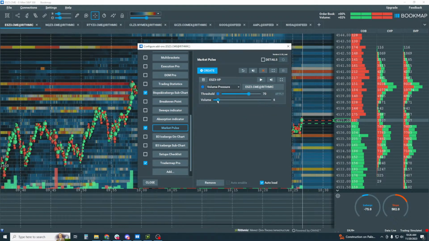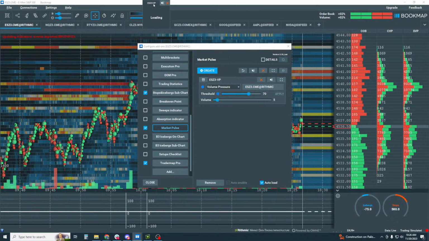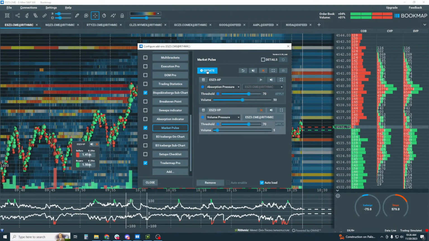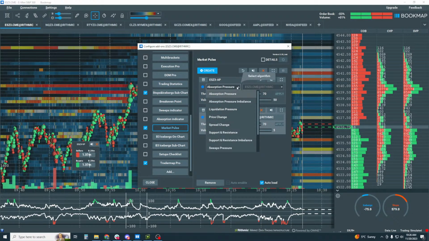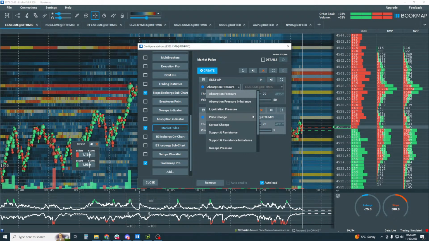Okay, and then bring the volume down so we don't drive ourselves crazy. We're going to click play, show the widget. Let's add another one. Okay, it pops up on the top here. And then here we will select price change.